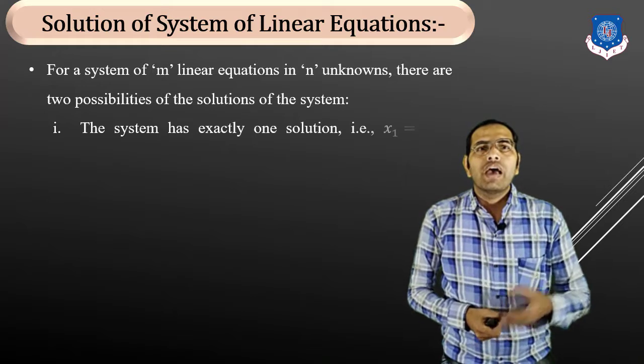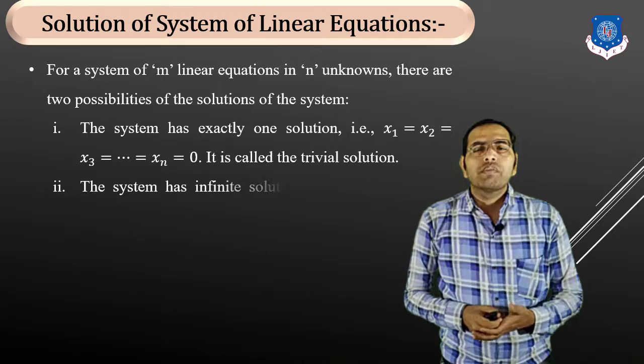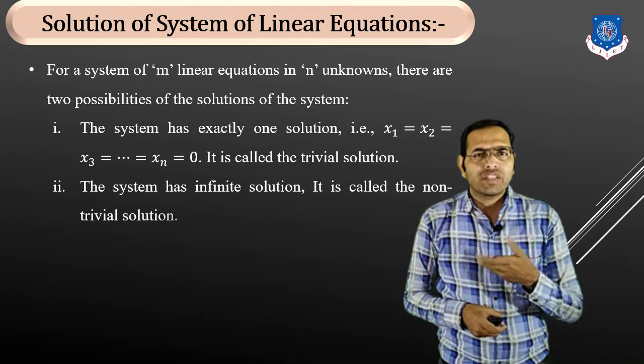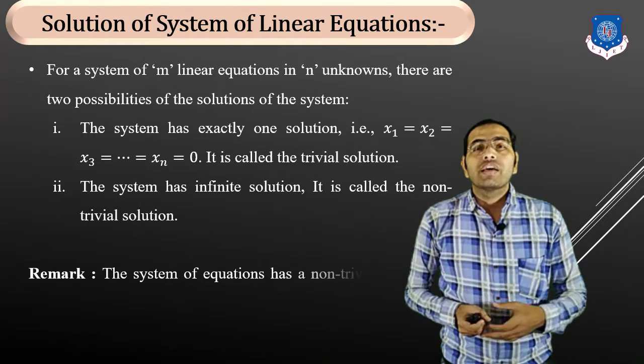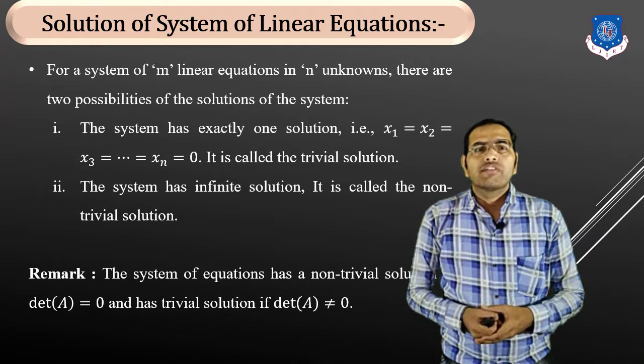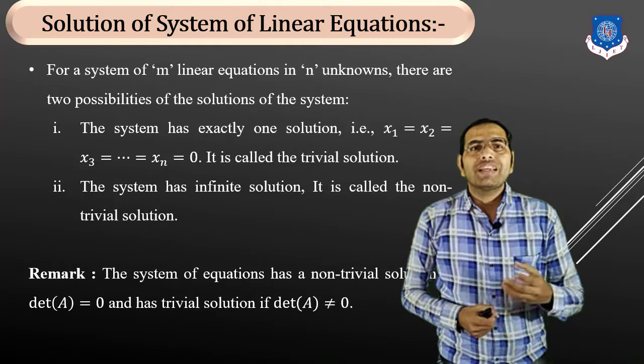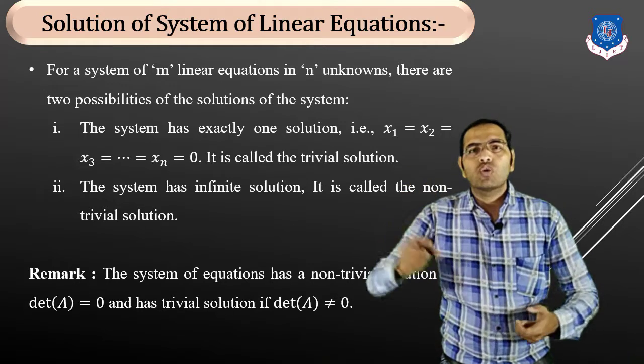For a system of m linear equations in n unknowns, meaning x, y, z, or x1, x2, x3 and so on, there are basically two possibilities for the solution of the system. The first one is that the system has a unique solution. That means it has exactly one solution.